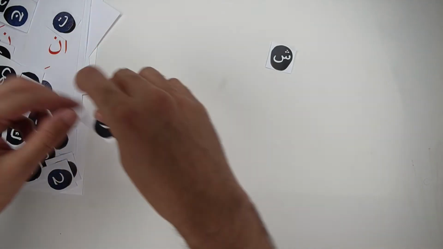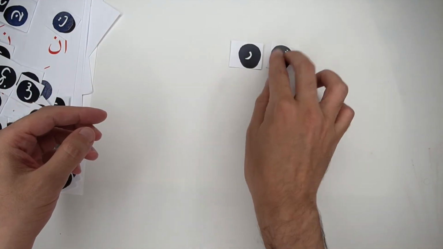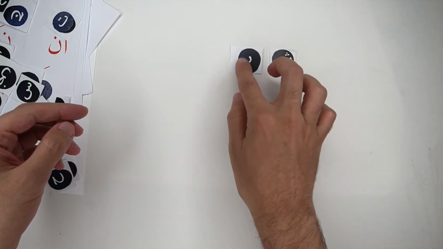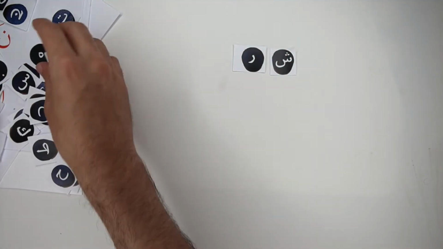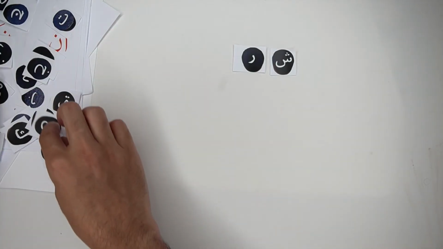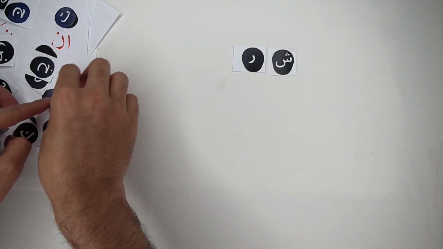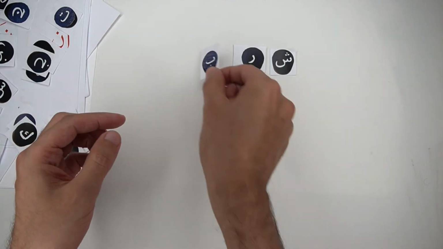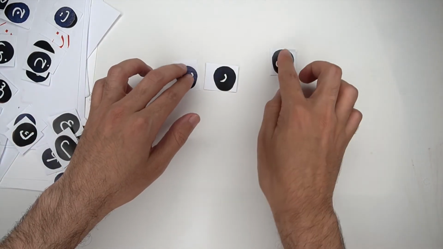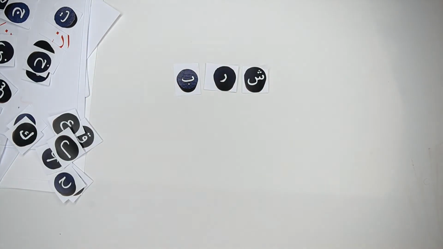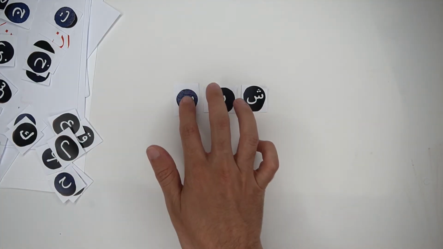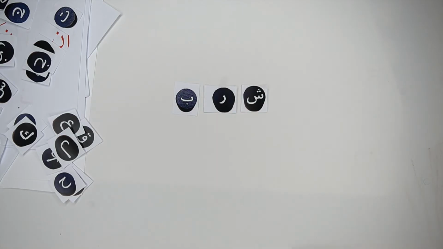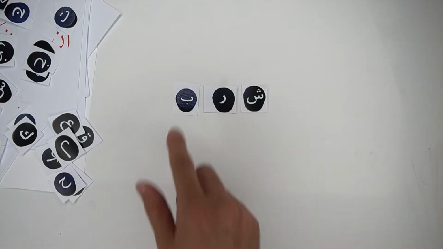You have ra, in this order, sheen, ra, and you have ba. Okay, find ba. Here's ba. These 3 letters are the 3 letters that make up all words in Arabic that are to do with drinking. Shariba, they'll have these 3 letters in there.